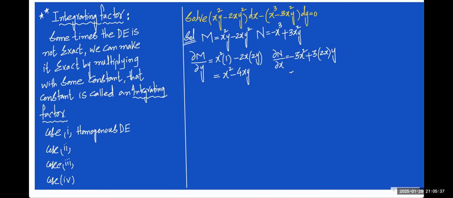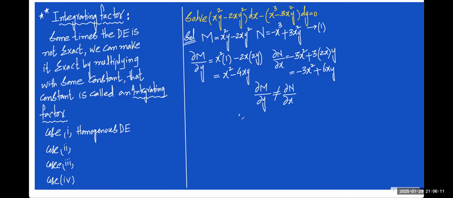The answer will be minus 3x square plus 6xy. Now, if you notice, they are not equal. It means dou m by dou y is not equal to dou n by dou x. Therefore, this equation number 1 is not exact.